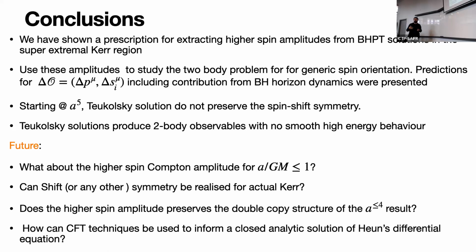And the question is, does the double copy hold for higher orders of spin? For that, you will have to do perturbation of a Kerr-Newman black hole, and then take the limit in which you basically turn off gravity and keep the gauge field. So that's something that you can work on in the future. And also, as I was telling you, there are these CFT tools that people are using to approach similar problems in different Kerr backgrounds, which can help us study this question.